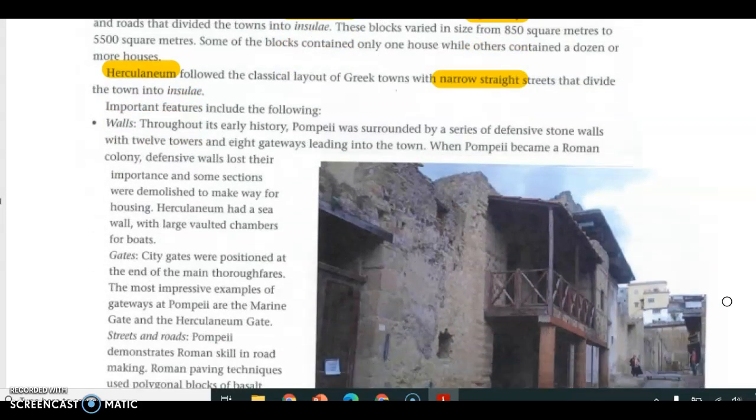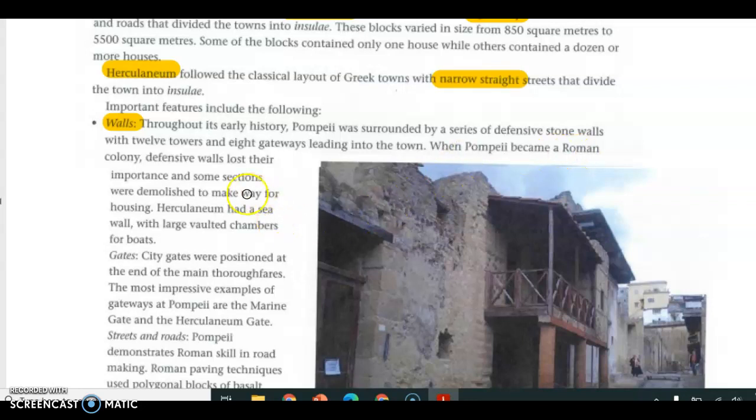Some important features about both are that there are walls surrounding the towns. They were originally meant to be defensive stone walls. Most ancient cities did have defensive walls. But when Pompeii became a Roman colony, so Rome colonized the area, the defensive walls lost their importance because Rome was the most powerful empire at the time.